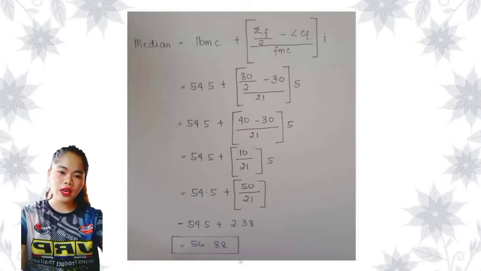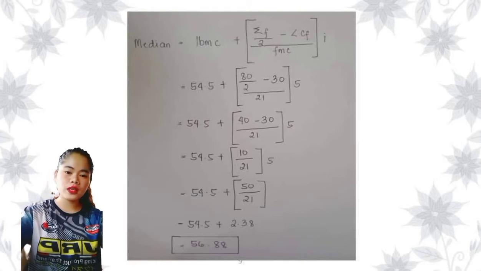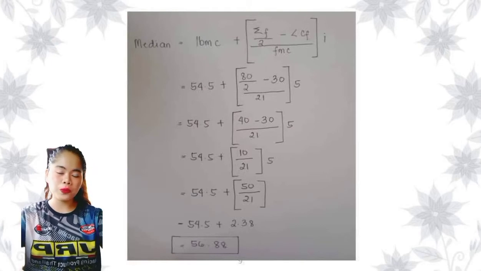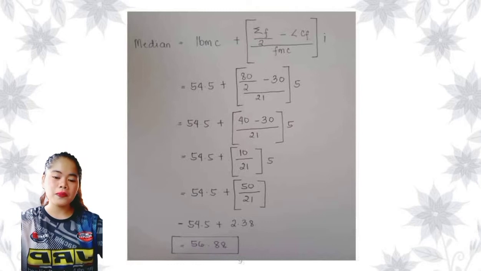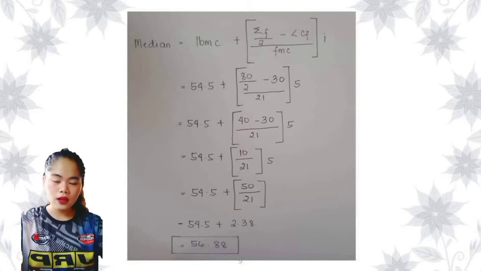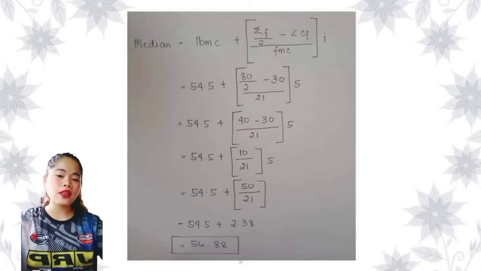To get the median of the group data, we have to use the formula. So the given formula here is median equals lower boundary of the median class plus summation of f divided by 2 minus less than cumulative frequency over frequency of the median class times the interval.